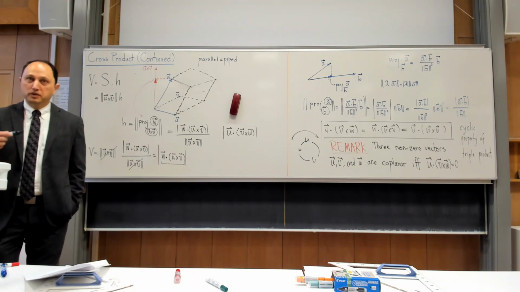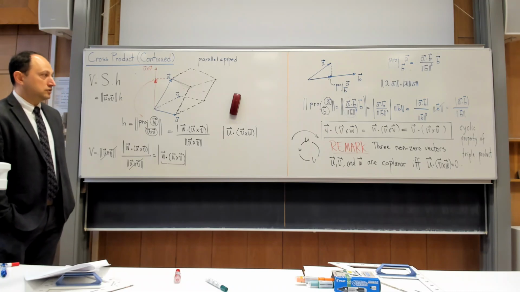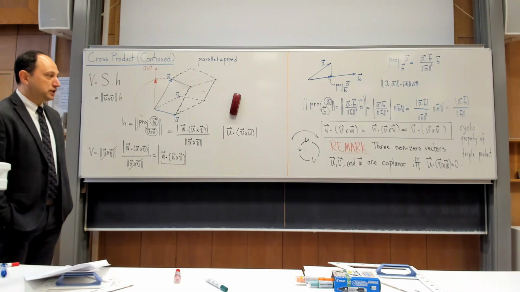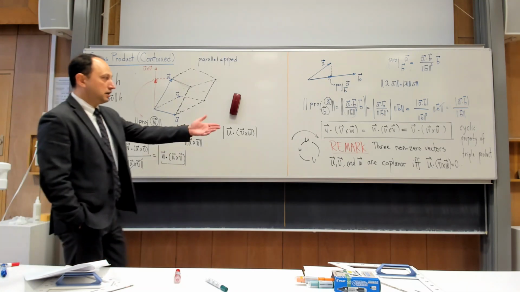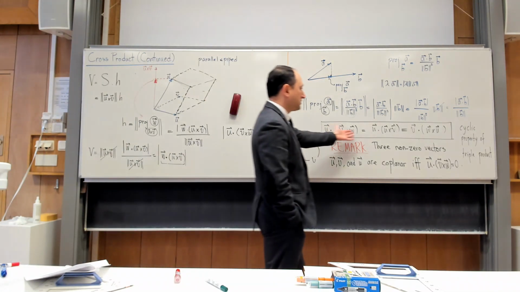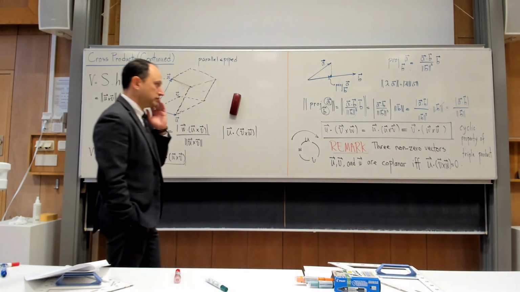So remember this trick. This is one of the best ways to show that 3 given vectors are coplanar. You construct any kind of triple product. It doesn't matter in which order you put them at all. If this turns out to be 0, you are done.